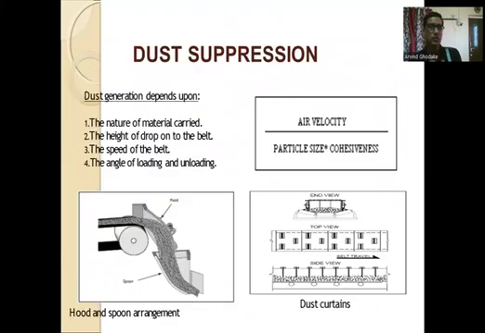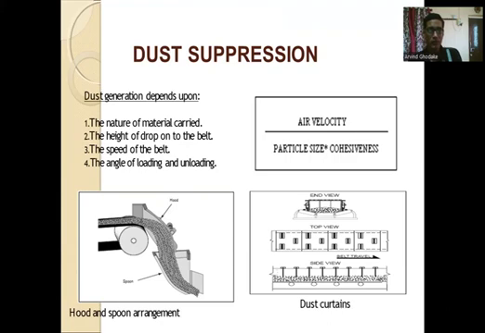Then the dust suppression. So this is the dust suppression unit. The dust generation depends on the nature of material carried, the height of drop on the belt, the speed of the belt and the angle of the belt. The air velocity to particle size and cohesiveness ratio is the dust separation.